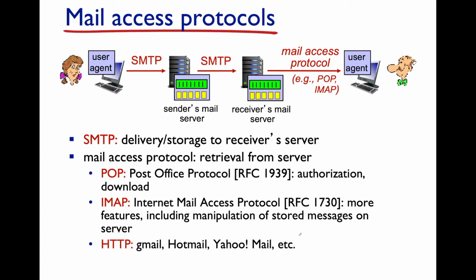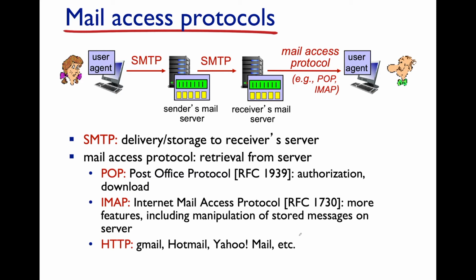And so the mail access protocol exists in three major flavors. There's POP, Post Office Protocol, and you've probably seen in your mail clients POP3, that's Post Office Protocol version 3. And there's another one called IMAP, Internet Mail Access Protocol. We'll talk about all these, and HTTP, or webmail.